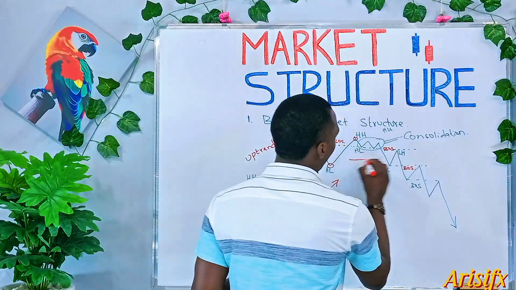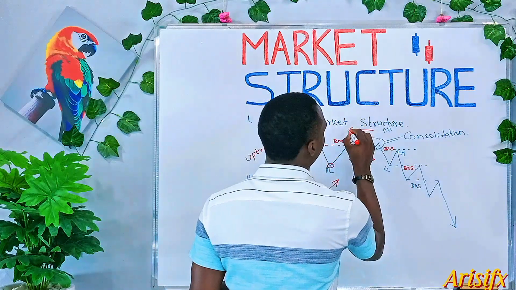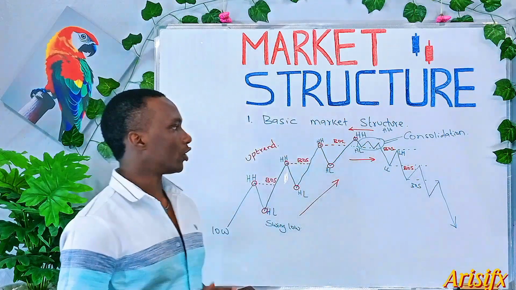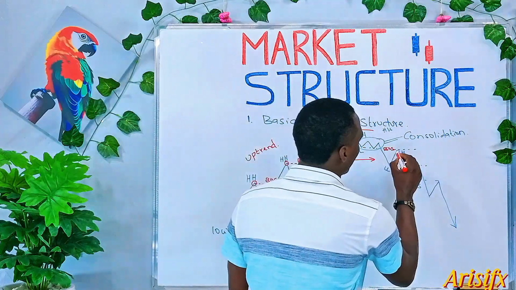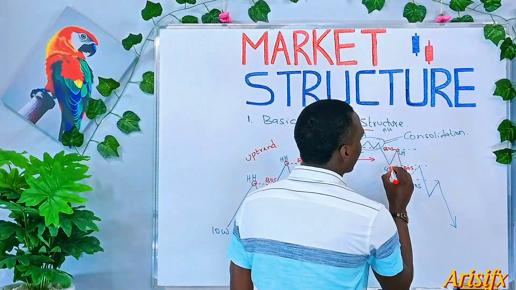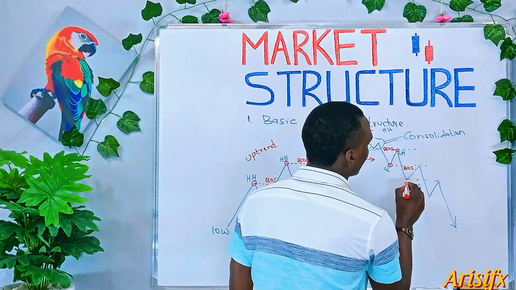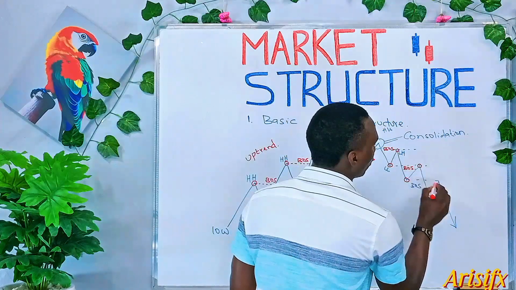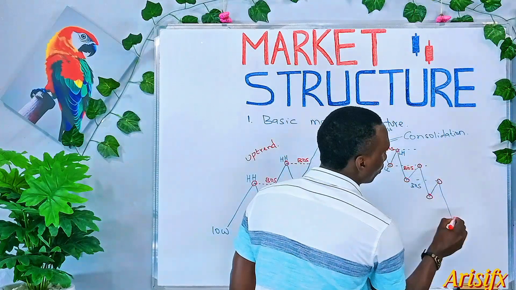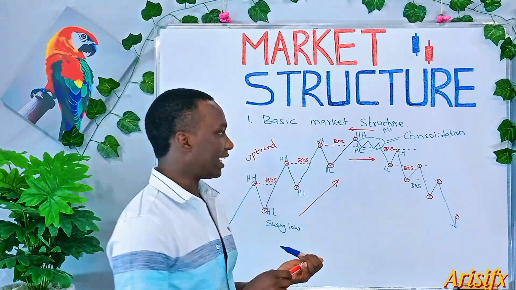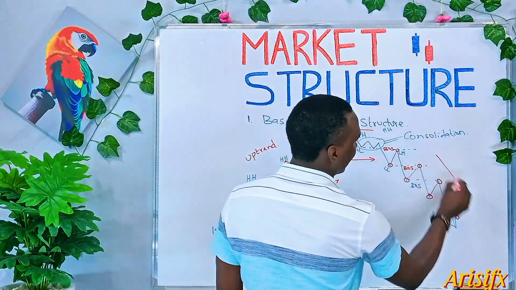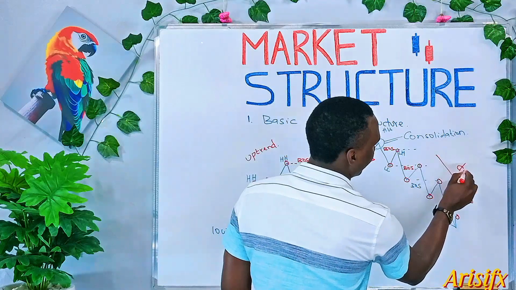Okay, here we are having some consolidation. Okay, good. So the swing points in this case, we are having a downtrend, we are having some lower highs and lower lows, lower highs, lower lows, lower highs, and some lower lows. So in this case, we are experiencing a what? A downtrend.